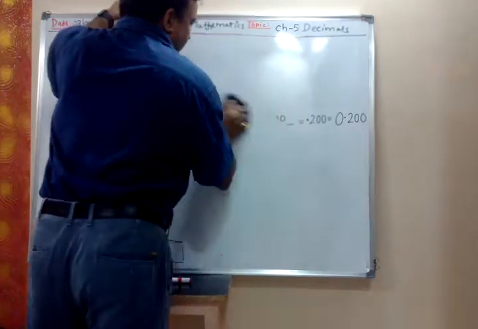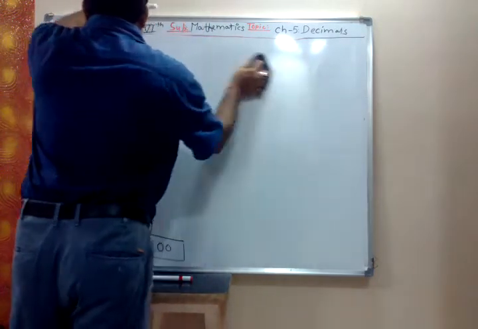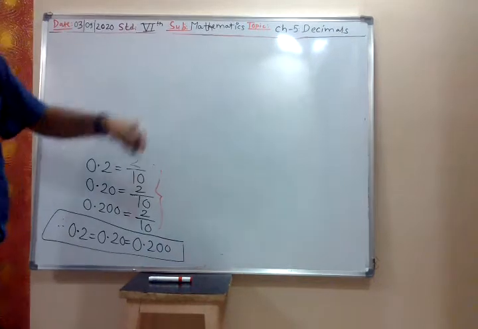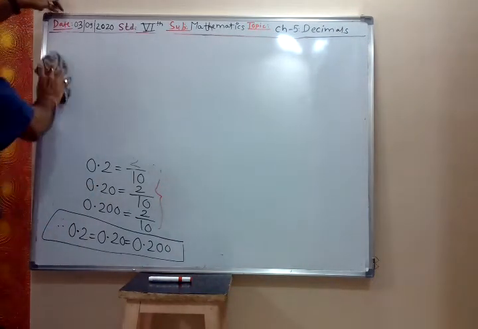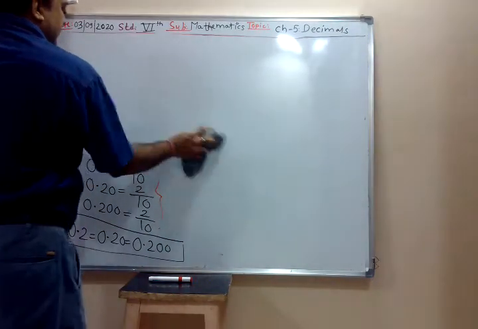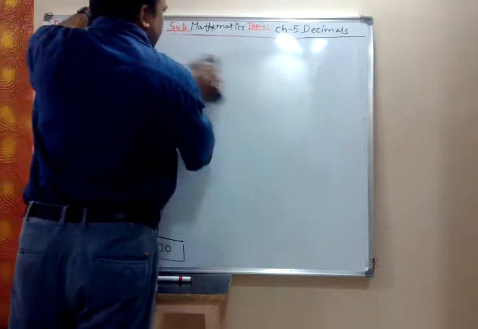After the point, how many zeros are we adding? The value of the number does not change.